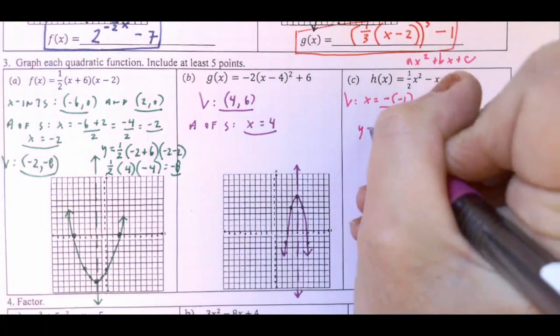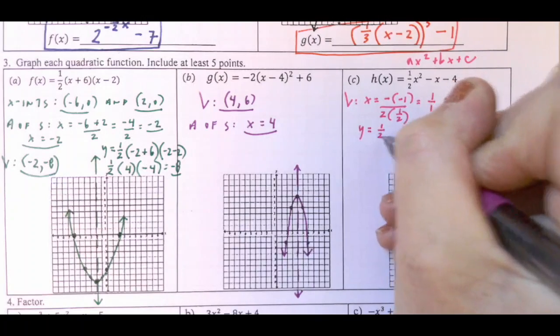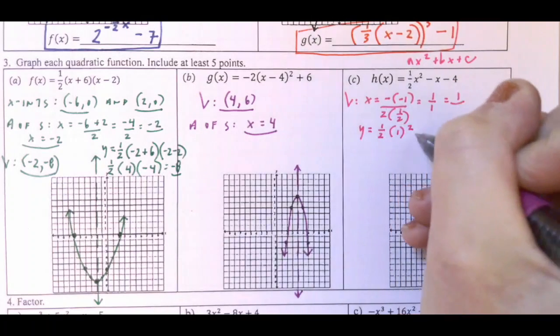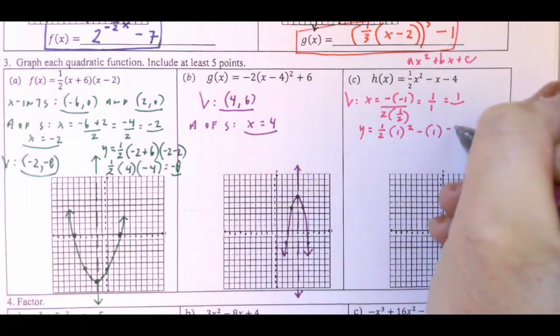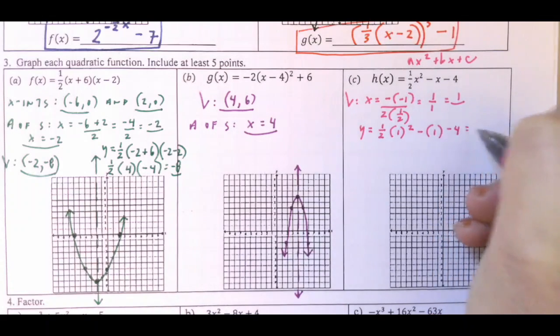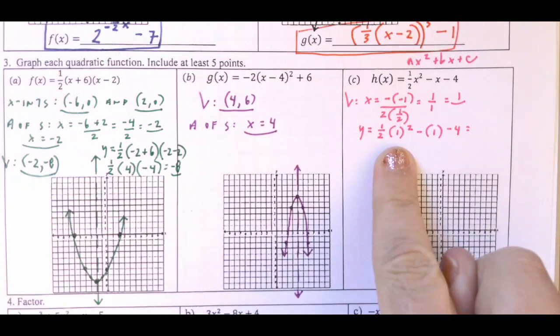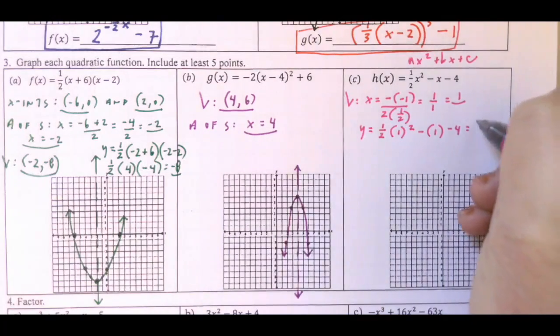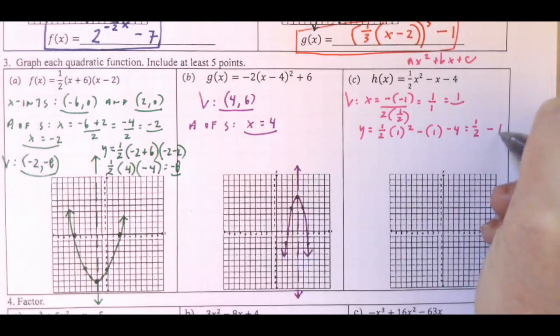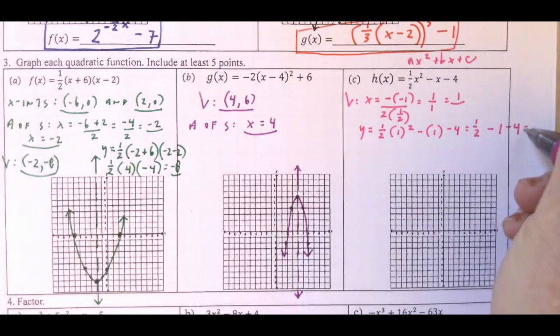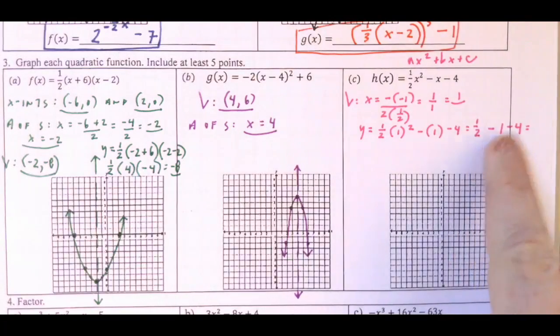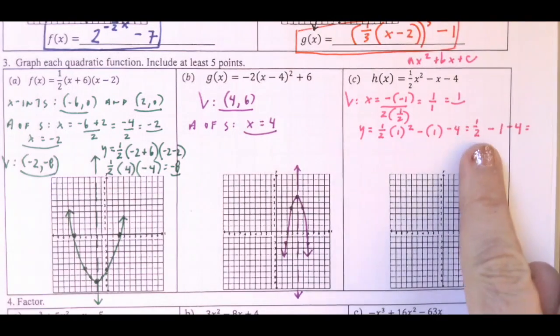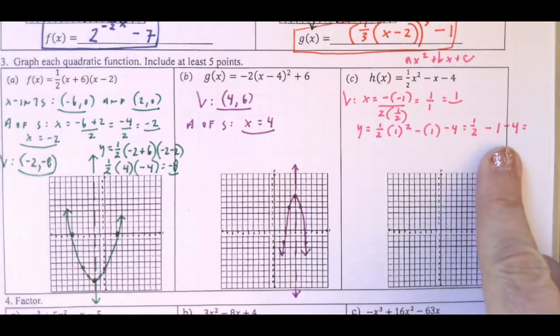Plug in to get the y. So I have 1/2 times 1 squared minus 1 minus 4. So 1/2 of 1, because 1 squared is 1. So I have 1/2 minus 1 minus 4. So I'm going to end up with -1/2, and then minus 4.